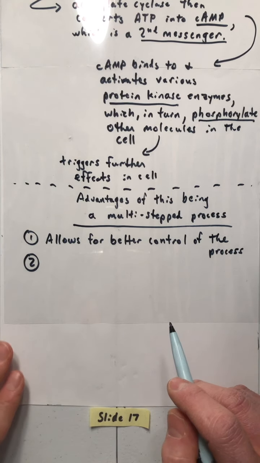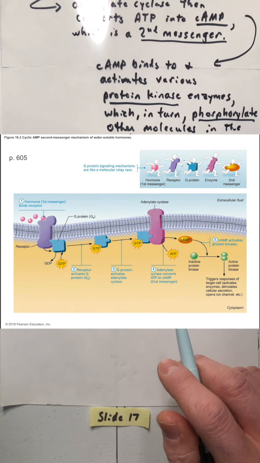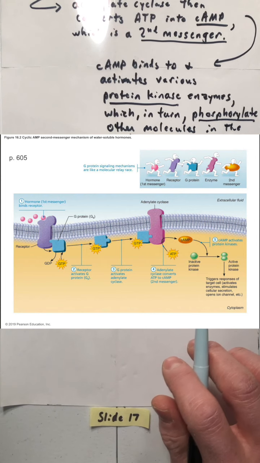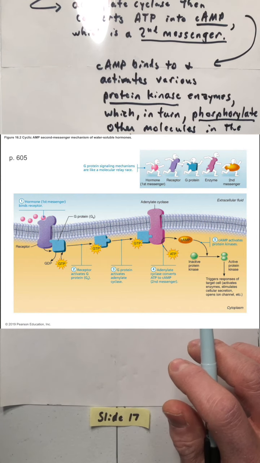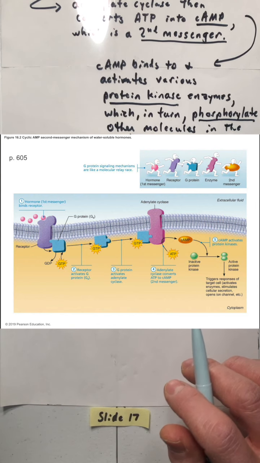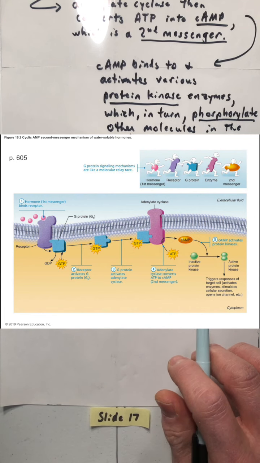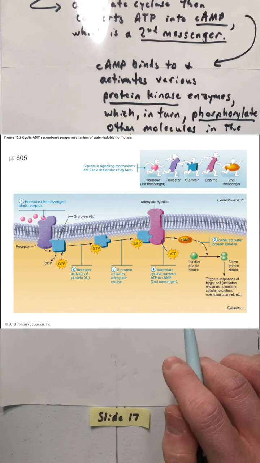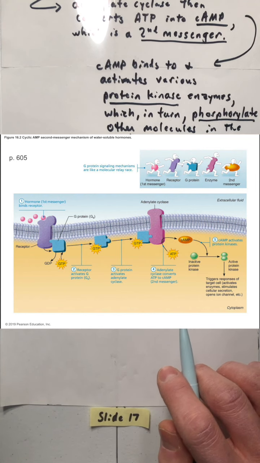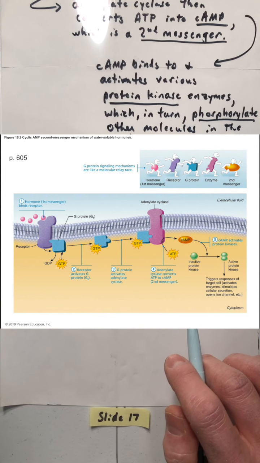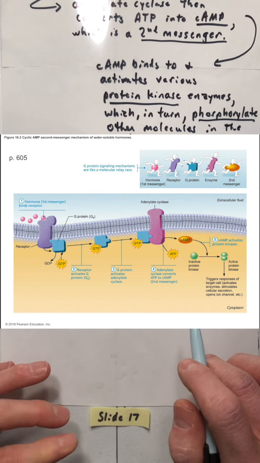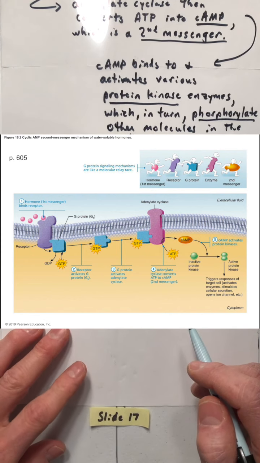So if you had just one hormone binding to a receptor, activating just one G protein, activating just a single adenylate cyclase enzyme, well, then that might convert 1,000 ATPs into cyclic AMPs in 1 second. Now you've got 1,000 cyclic AMPs, and they're binding to 1,000 protein kinases and activating them. And then the protein kinases start phosphorylating things. So with each step, you're exponentially increasing the number of activated molecules. 1,000 times 1,000, that's 1,000,000.